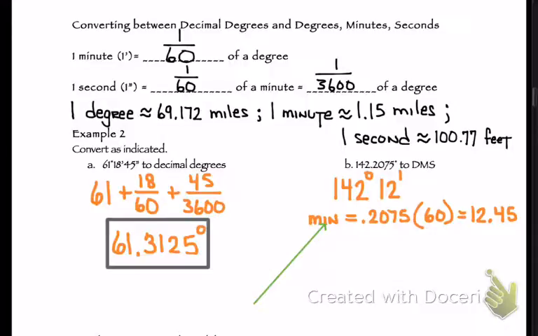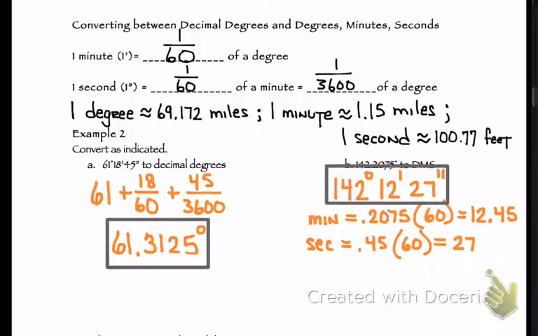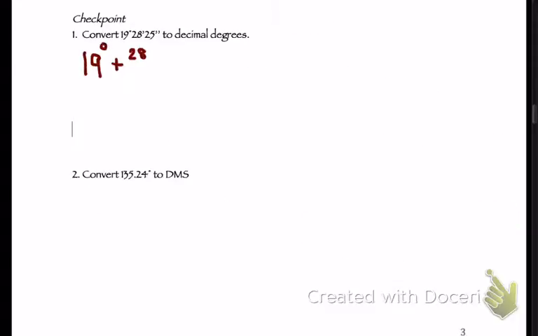To go from minutes to seconds, all I have to do is multiply by 60 again. So now I've converted my decimal degree into degrees, minutes, and seconds: 142 degrees, 12 minutes, 27 seconds. Okay, so hopefully not bad so far.